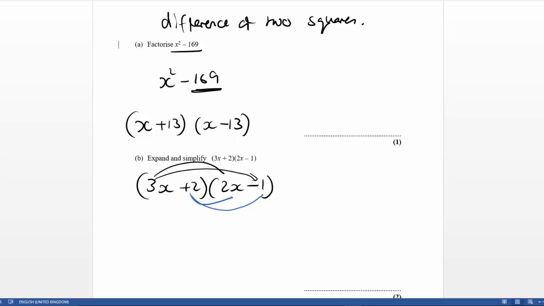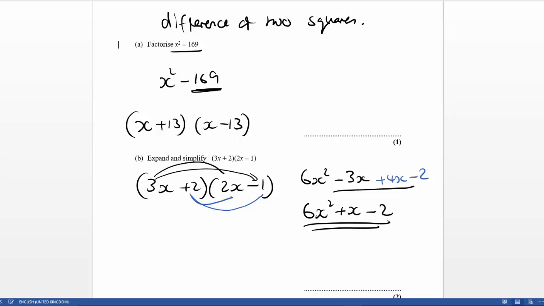So 3x times 2x is going to be 6x squared. 3x times minus 1 is going to be minus 3x. 2 times 2x is going to be plus 4x. 2 times minus 1 is minus 2. These can simplify here. You have minus 3x, add 4x. So now you're just going to have 6x squared plus x minus 2 as your final answer.